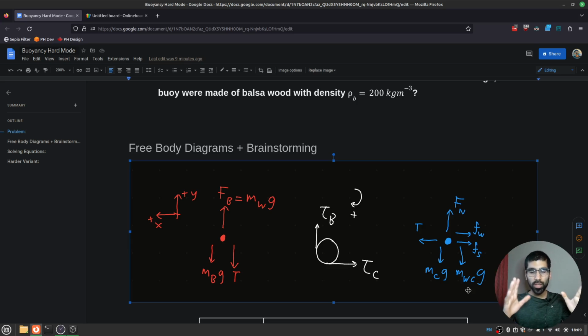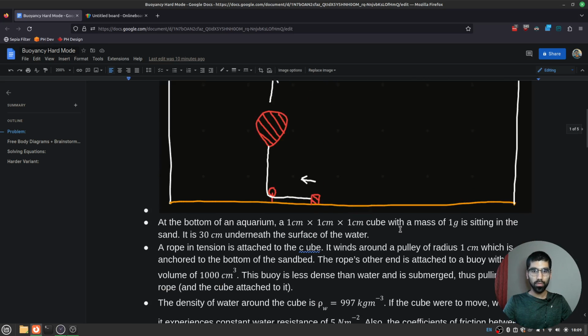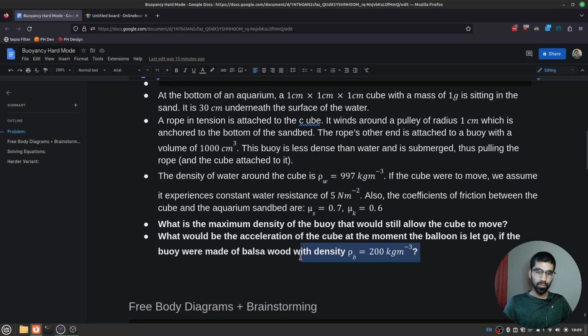Now, one quick thing to note: you might have noticed that I put the same tension on this side of the rope and this side of the rope. I can only do this in this particular case, not the second question.